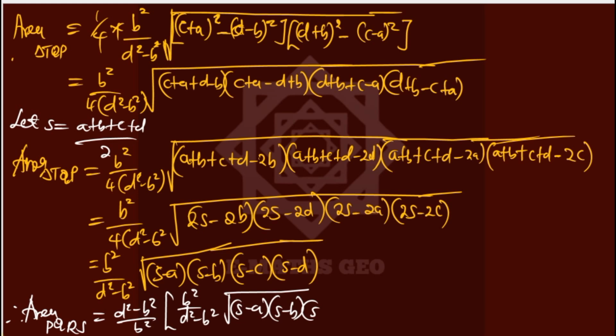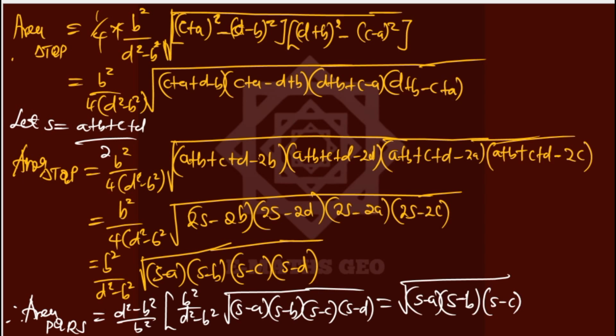So this is now equal to just the square root of (x − a) times (x − b) times (x − c) times (x − d). So this is the formula for any cyclic quadrilateral. I told you it will take us time, but finally we've proved that.